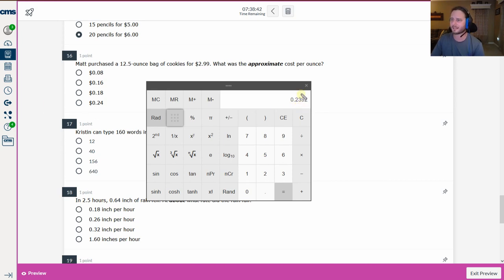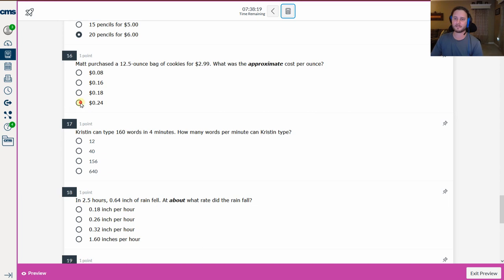Look here at the number next to where you want to round. That number is 5 or more. Therefore, we are going to raise this number by 1. Instead of 0.23, we make it 0.24, which is an answer choice right here. So we are going to clear that.